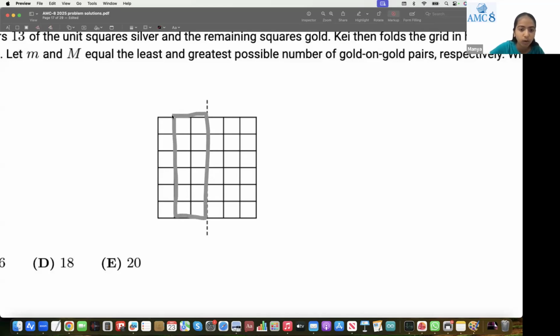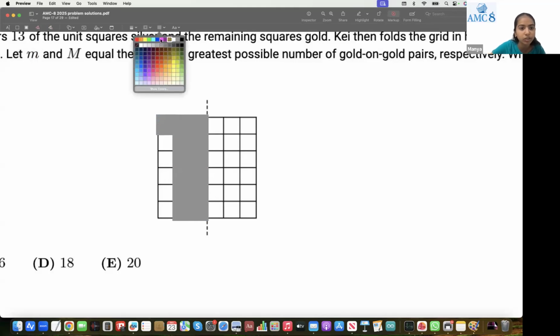So that would be 12 here, and this would be an extra 1. So we have this right now, but the problem is that we also need gold.